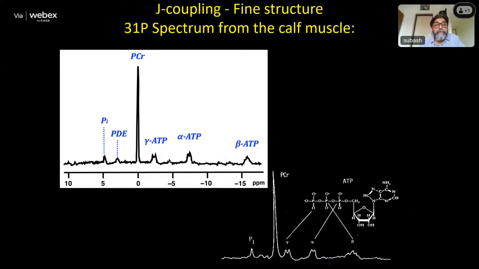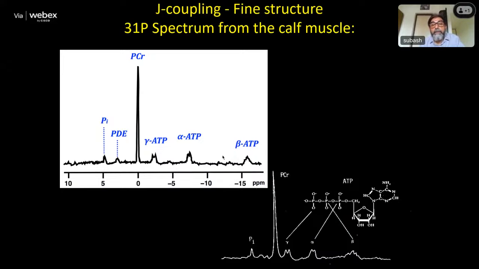There are a lot of other peaks which overlap with the gamma ATP and the alpha ATP. So if you measure the concentration of these ATPs, they may not reflect true ATP concentration. So in MRS, in in vivo conditions, we always measure all the ratios with respect to beta ATP.